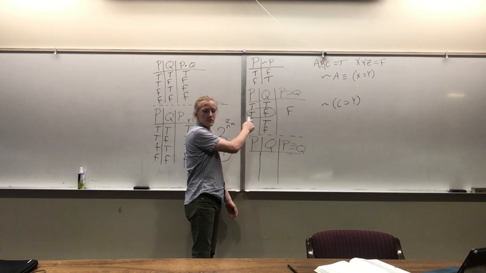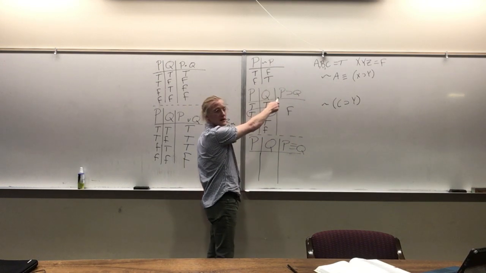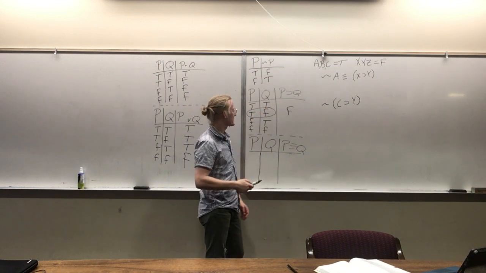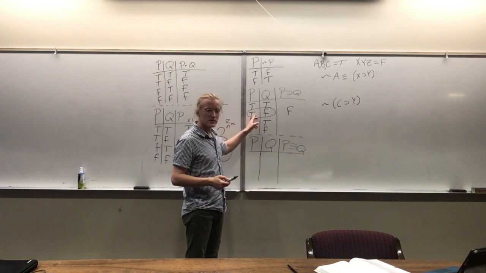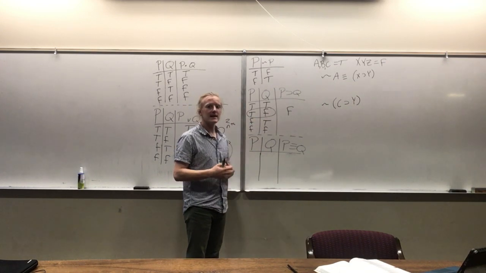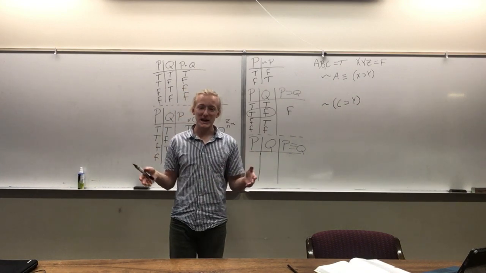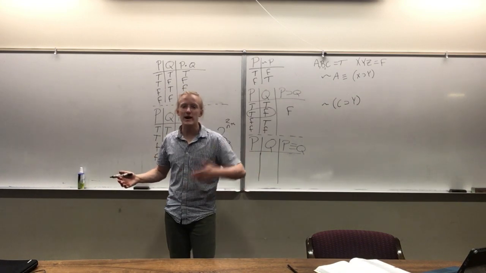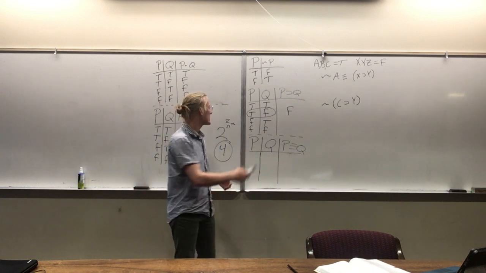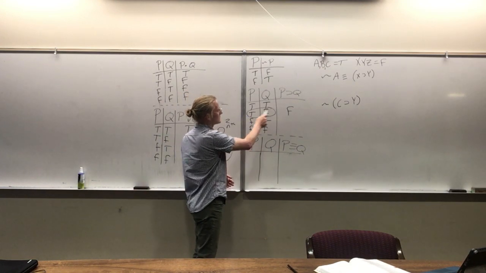And what the truth values of this would say was P would be if it's raining outside and Q would be it's wet. It's true that it's raining outside, but false that the ground is wet. That is a direct contradiction with the statement, if it's raining outside, then the ground is wet. The implication requires that the ground be wet if it's raining, given the statement. And so this is a contradiction.